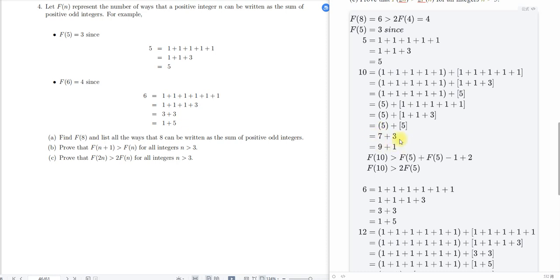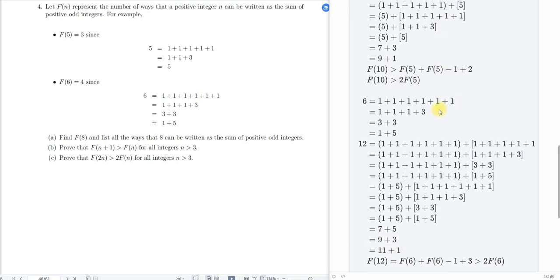So these 2 are new in f(10). So f(10) will become f(5) plus f(5) minus 1 plus 2, and greater, since we also have 7 plus 1 plus 1 plus 1. To simplify, I don't want to write all the 7s here. So that is to say f(10) is greater than 2 times f(5).